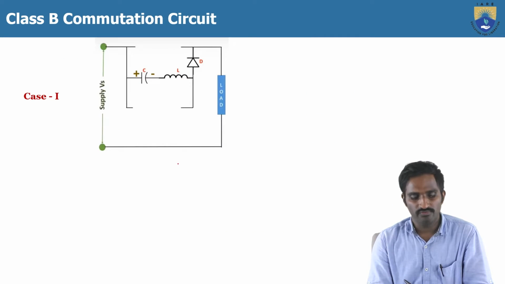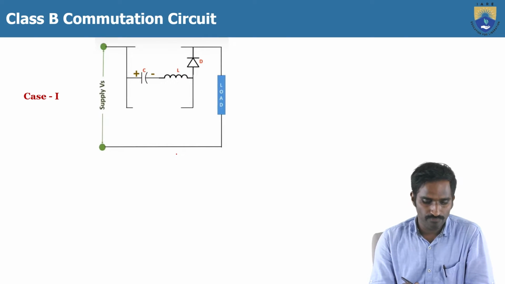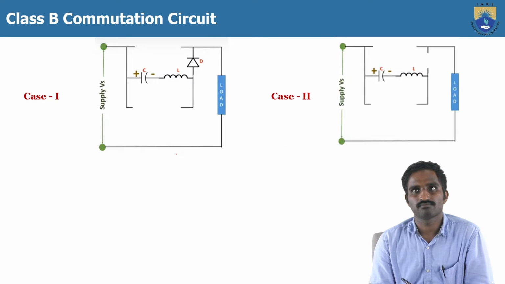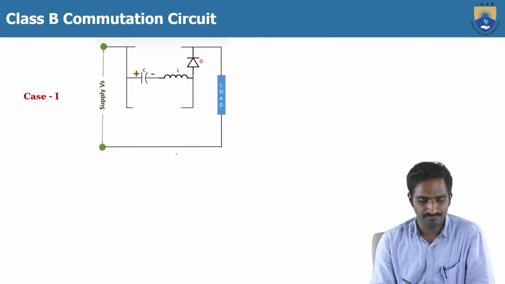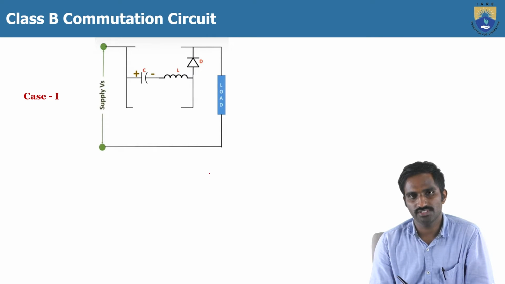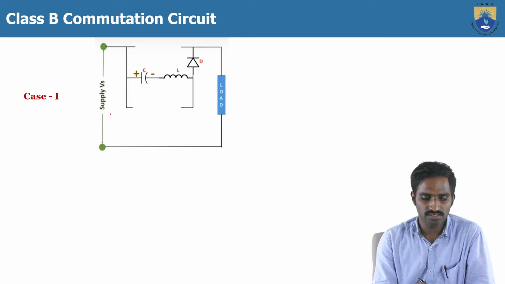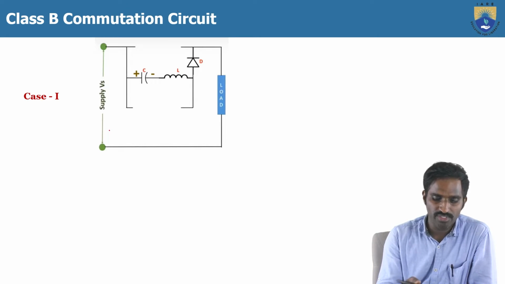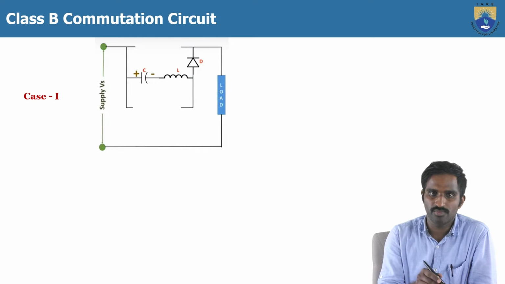Right. So first let me consider the first case. In the first case the thyristors T1 and TA are in the turn off position. Then you apply the voltage. I'm explaining how the capacitor becomes fully charged.